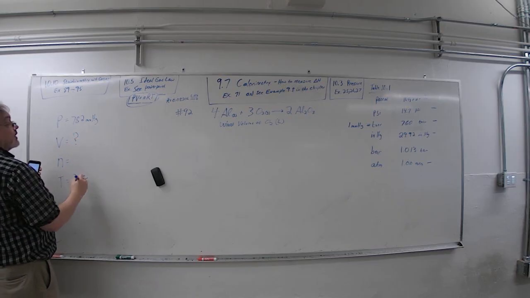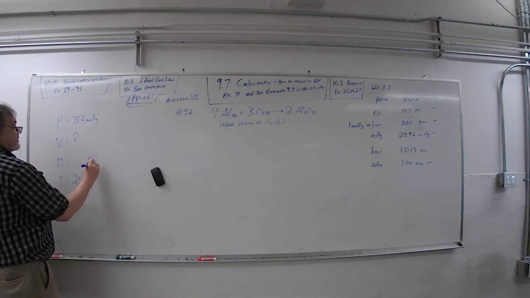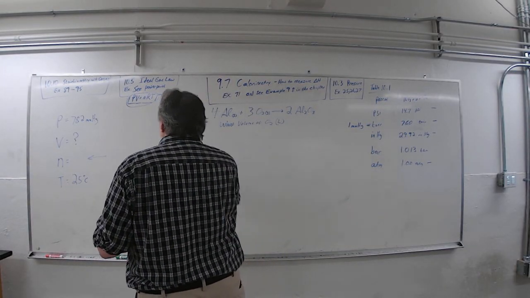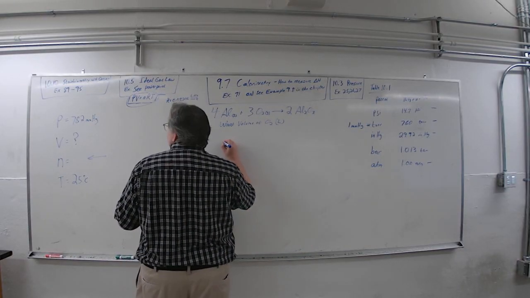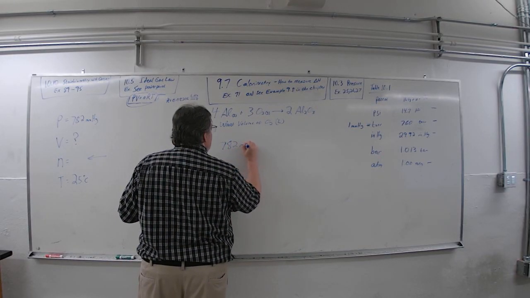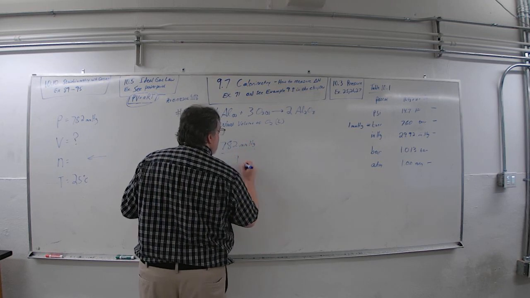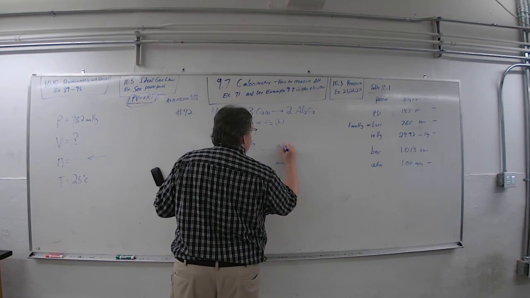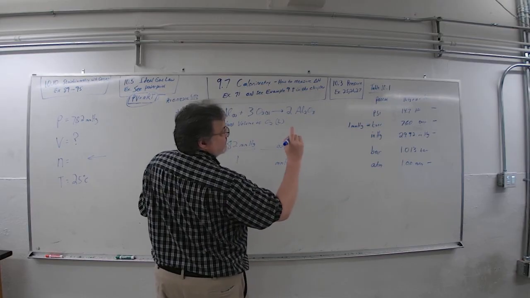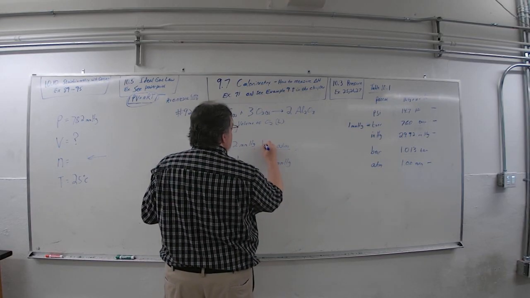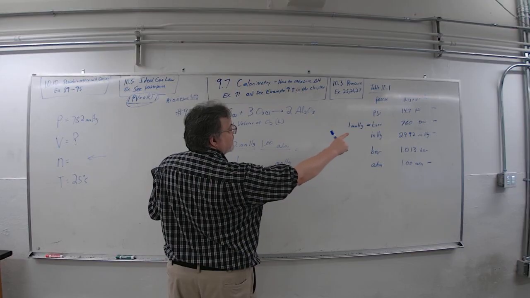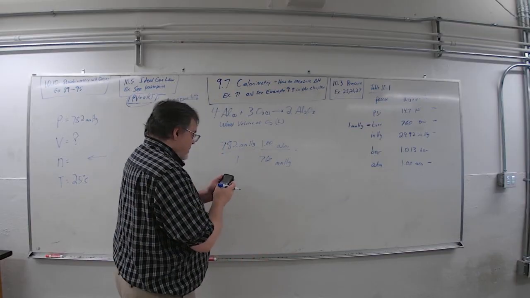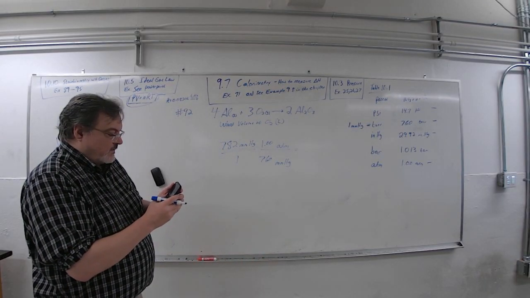Volume is what we're looking for, so we need to find moles some way. I'm going to convert the 782 millimeters of mercury to atmospheres first. One atmosphere is 760 torr, which is millimeters of mercury. 782 divided by 760.